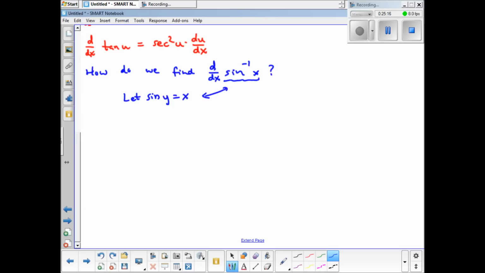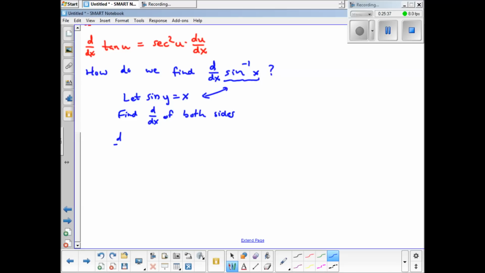Okay, so if we wanted to find the derivative, we could just find dy dx for both sides. So we'd just find the derivative implicitly of both sides. Here it is, ready?